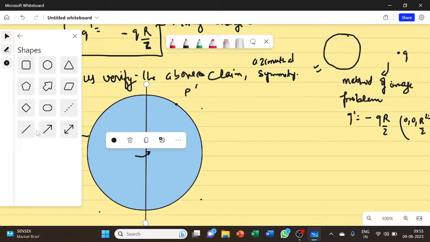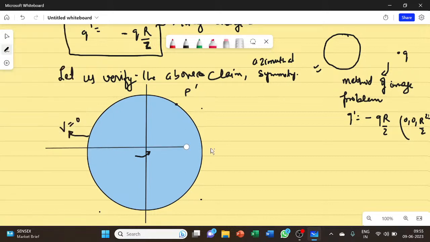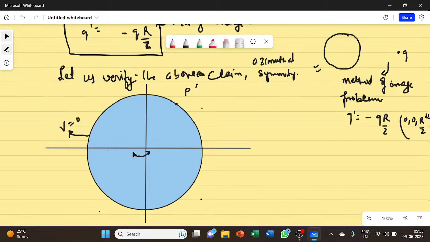So I'll reiterate my statement. Just give me a minute. Initially this particular conducting sphere was grounded. So what I did, I replaced this grounded conducting sphere with the help of a point charge and image charge. So here I had placed an image charge and here I had a point charge.